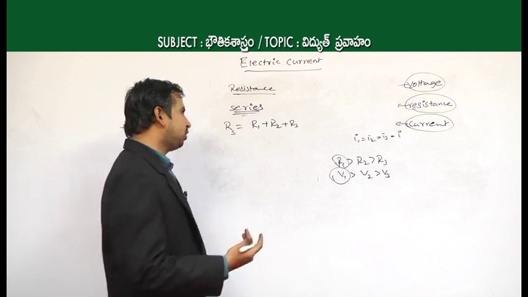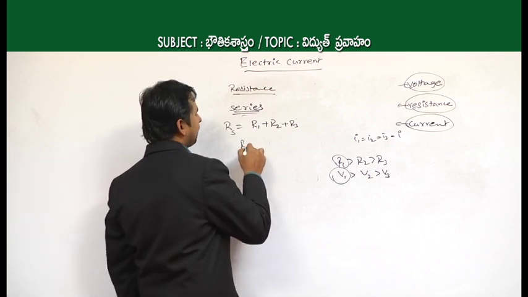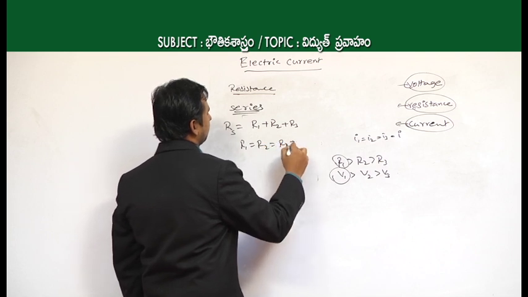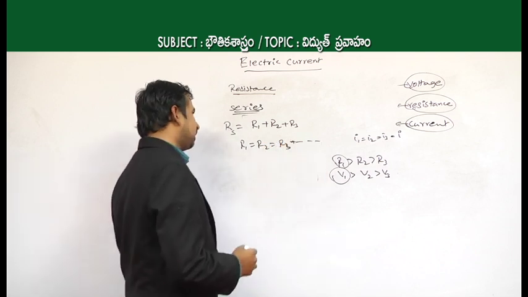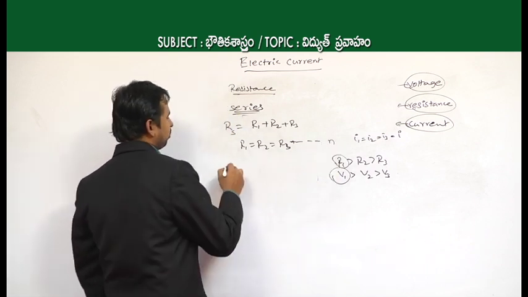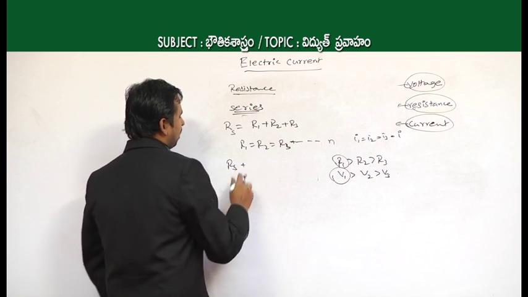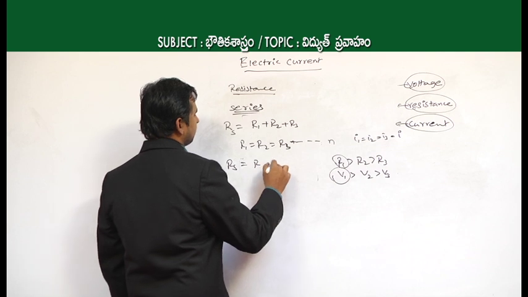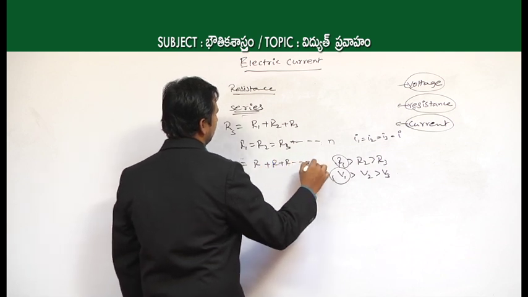For example, if you are using the same type of resistors in all the cases, R1 is equal to R2 equal to R3 and so on, then what happens is the final resistance becomes, for example, up to n resistances, RS is equal to R1 plus R2 plus R3, which means R plus R and so on n times.